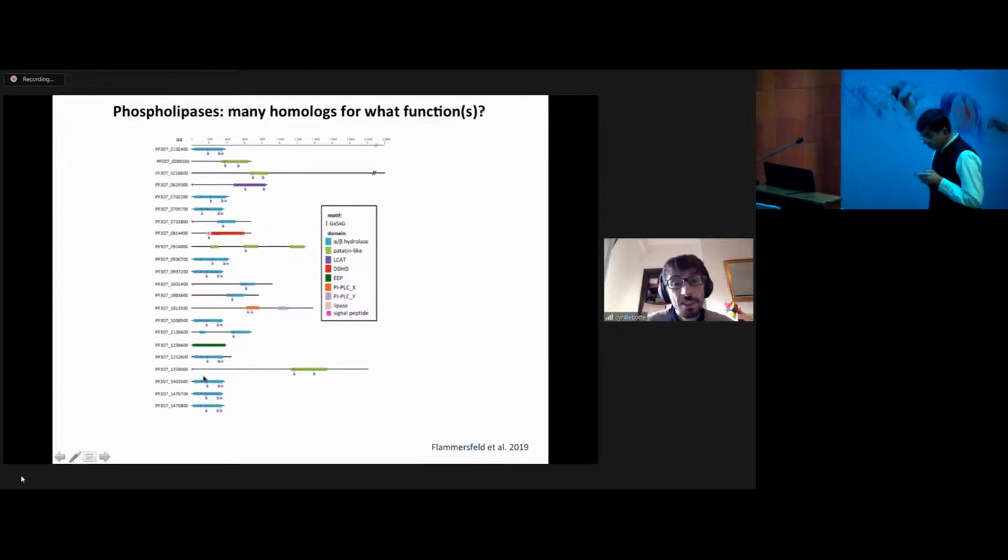Actually, the phospholipases and other metabolic genes dealing with fatty acids and lipid metabolism are located there, meaning that maybe the parasite needs this function and needs to have redundant function in order to maintain parasite survival.